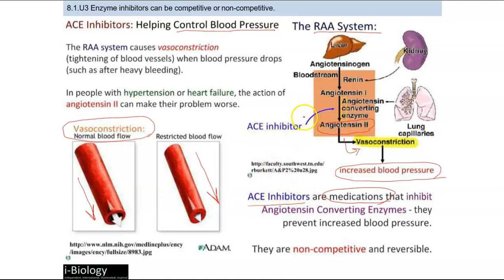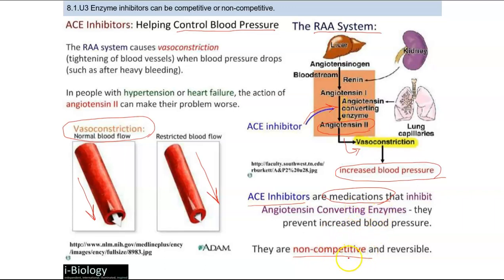ACE inhibitors will act at this level, and they compete with the angiotensin converting enzyme. This competition would be in the form of non-competitive, not the competitive one. So it is non-competitive, which means that it changes the allosteric site and the conformation of the active site.